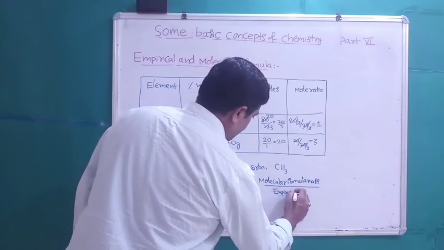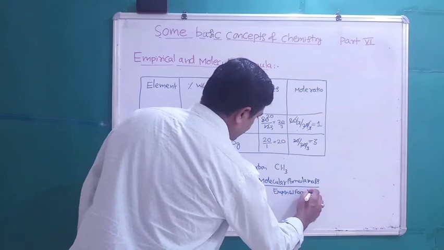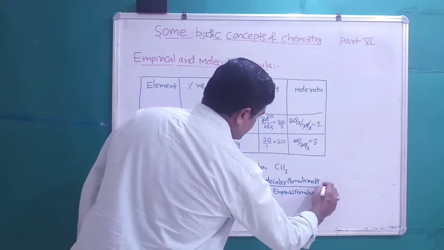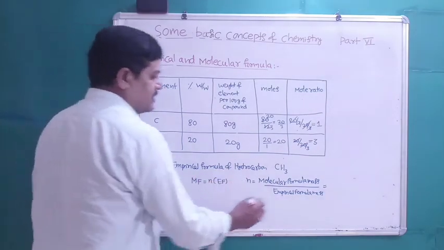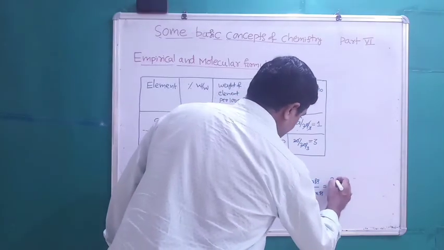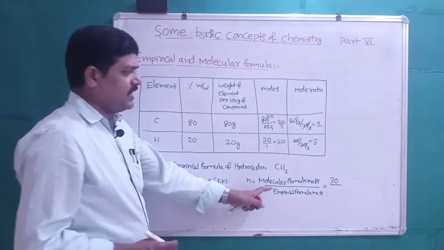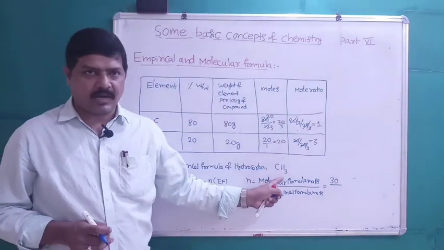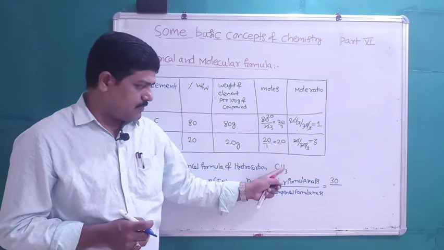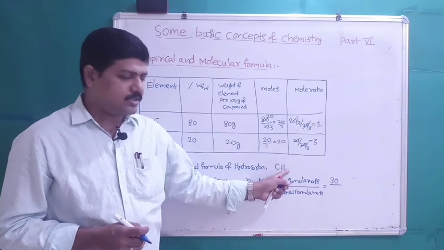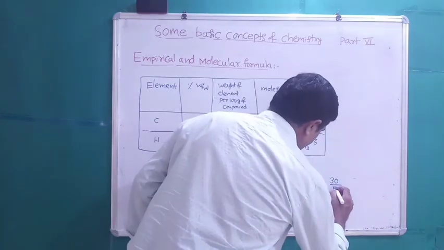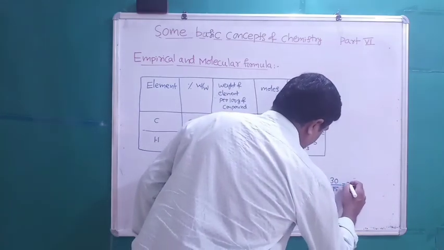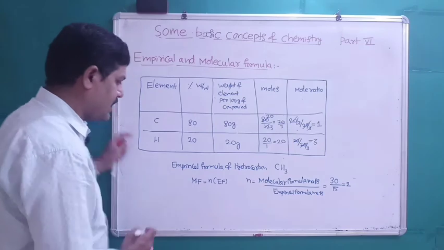Students, the molecular formula mass is the same as the molecular weight, which is given in the question, that is 30, divided by empirical formula mass. Carbon 1 atom, atomic mass is 12, plus 3 atoms of hydrogen. 12 plus 3 is 15. So 30 divided by 15 is equal to 2. n is equal to 2, right?